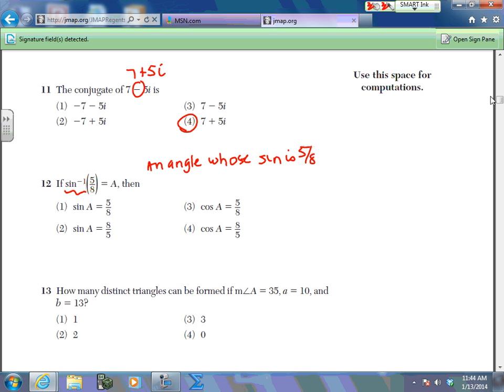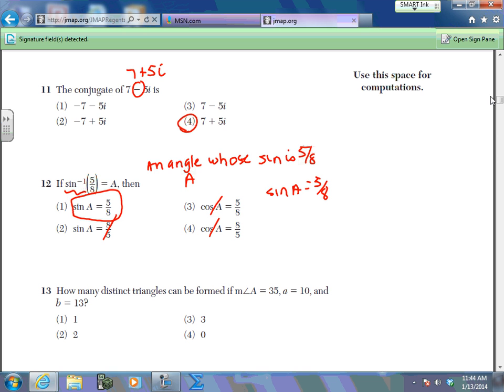We don't want your cosine, and we can't flip these around. Your cosine cannot be greater than 1, and your sine cannot be greater than 1. So all it's asking for is to rewrite this. I have an angle whose sine is 5/8, so if my angle is A, the sine of A is equal to 5/8. That's all they wanted for that one.